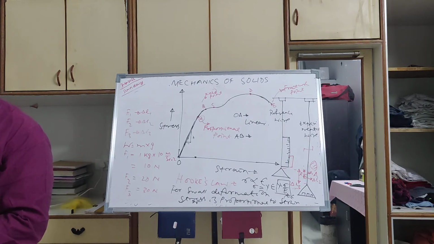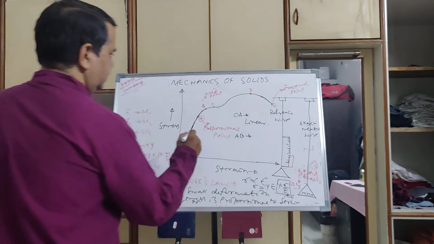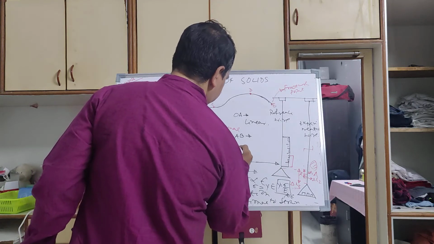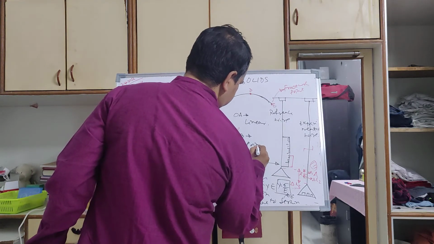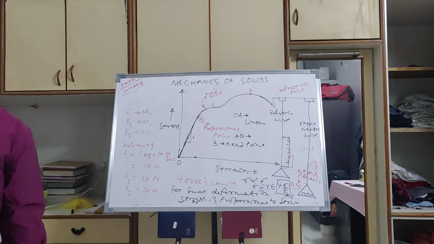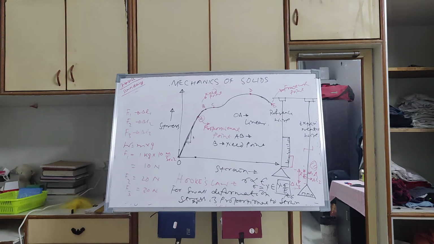This point B of the curve is called the yield point. That means if you apply a load more than the yield point, there will be a permanent deformation. Till this point there is no permanent deformation.